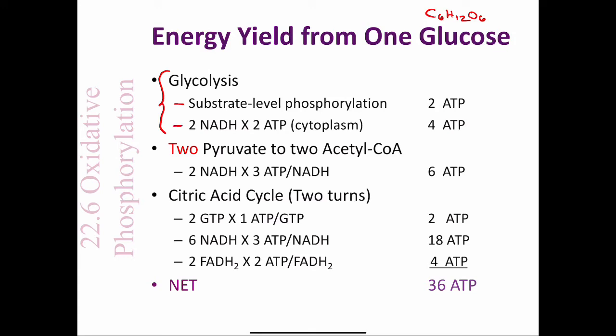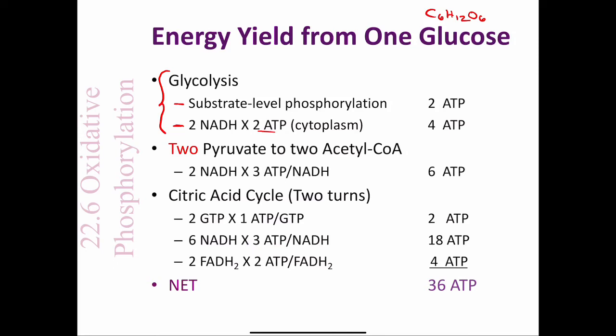Normally we think of an NADH being the equivalent of 3 ATPs, as is shown down here. So here's the conversion factor down here in the citric acid cycle. But that NADH that's produced in glycolysis, we call this cytoplasmic NADH, and it's only got a value of 2 ATPs. So 2 times 2 gives us a total of 4 ATPs. Therefore, the net yield of ATP from glycolysis is 6 ATPs from that glucose molecule.